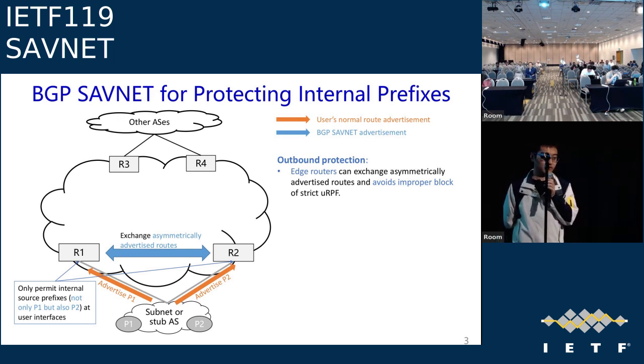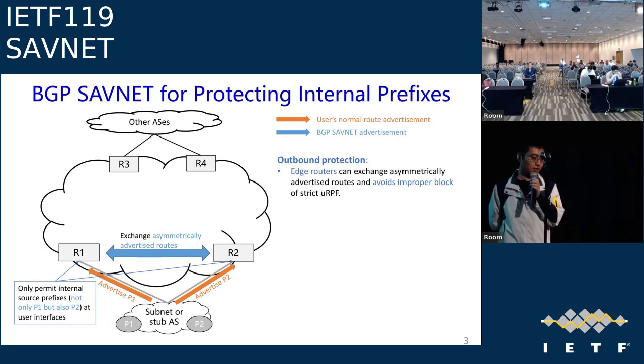With extended BGP messages, they can exchange some asymmetrically advertised rules, here P1 and P2. With the advertised rules, R1 and R2 can build a complete source prefix list at the interface connected to the customer network, so improper block problems can be avoided.